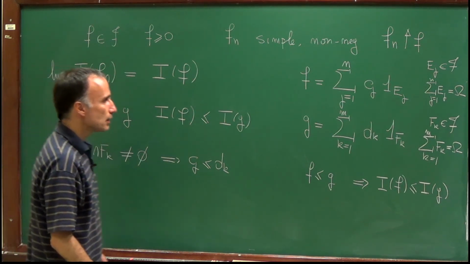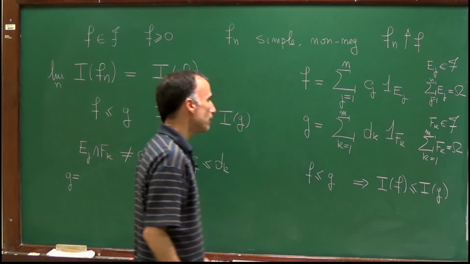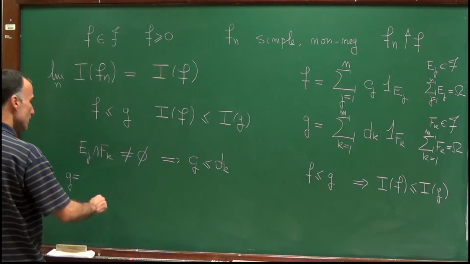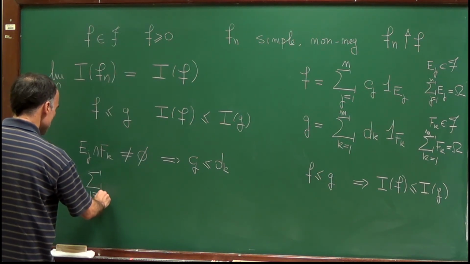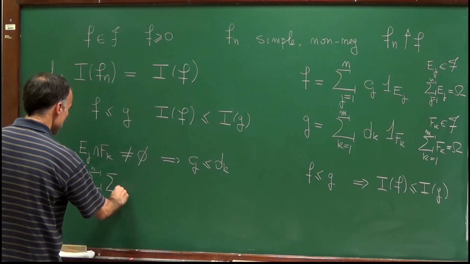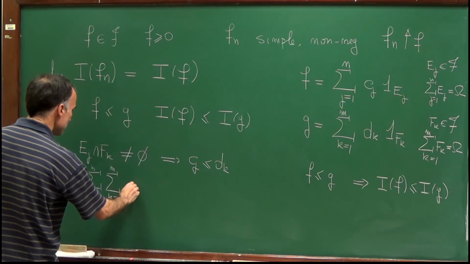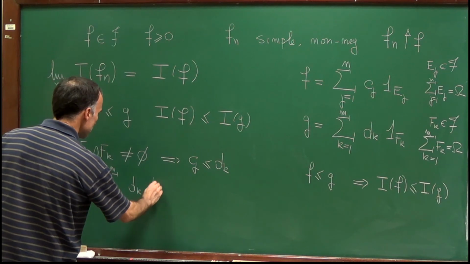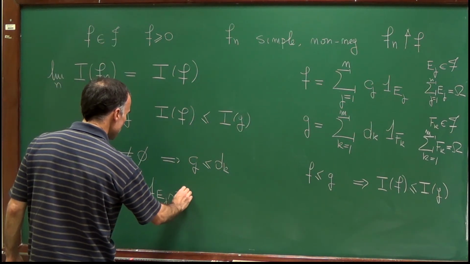I can always use the fact that E_j and F_k are partitions to rewrite g and f as a sum, j from 1 to n, k from 1 to m, d_k, the indicator of E_j intersection F_k.